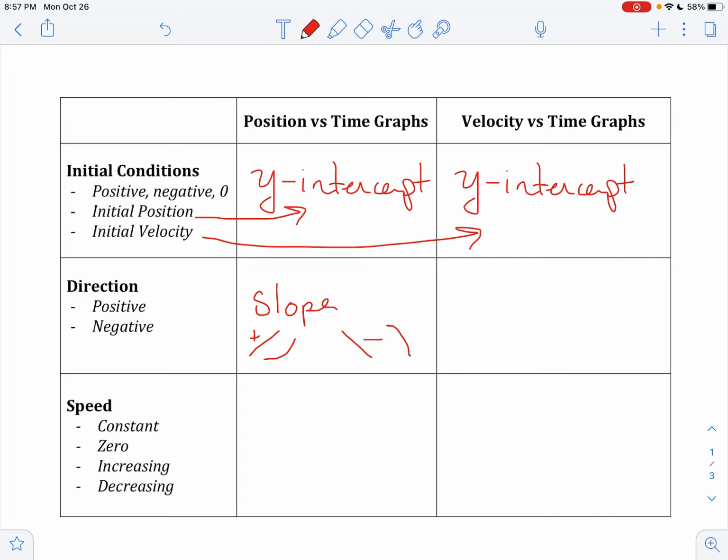For a velocity versus time graph, it's the quadrant that it's in, or you can think about it as above or below the time axis.